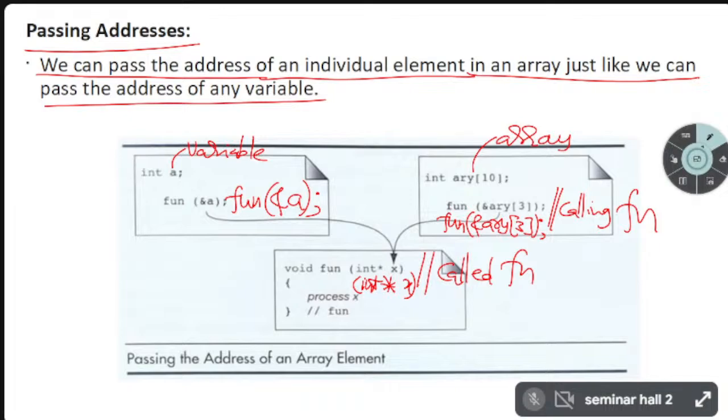Int a, function of ampersand a, ampersand means address of a. We can pass the value of a variable or we can pass the address of a variable. Two ways, two-way communication.